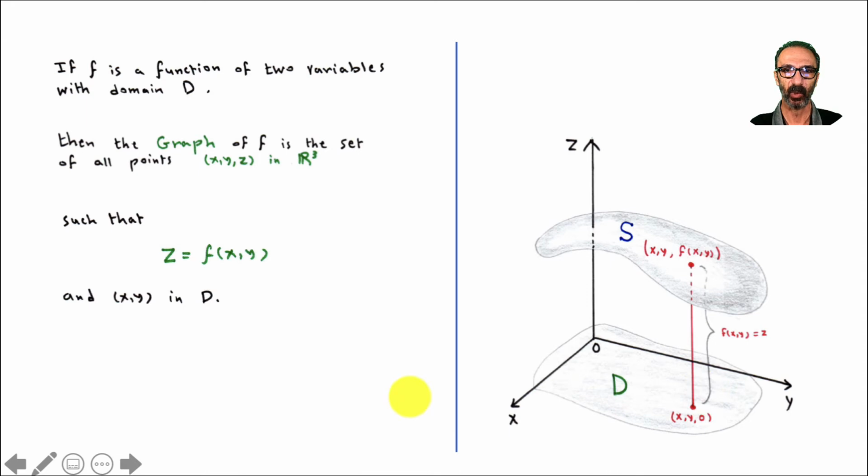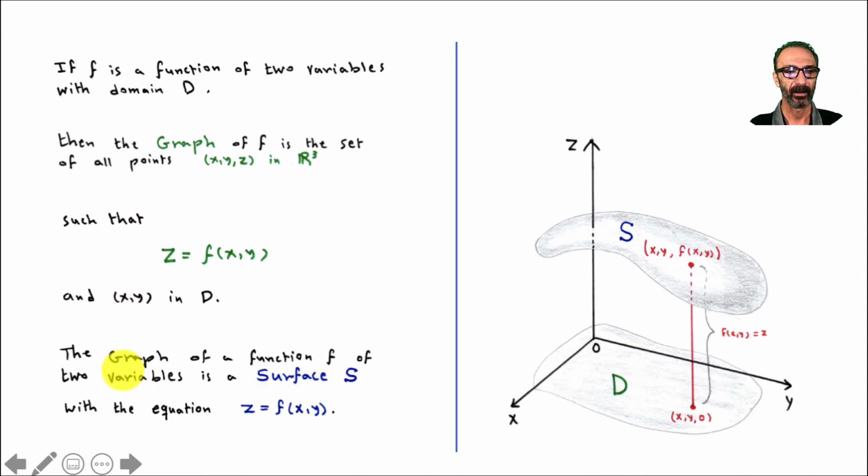It belongs to the xy plane. The graph of the function f of the two variables is a surface S, with the equation z equals f of x, y.